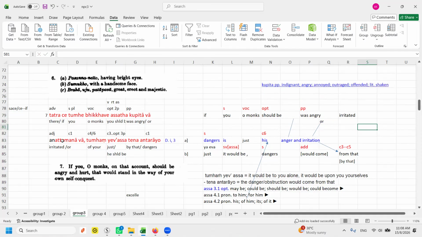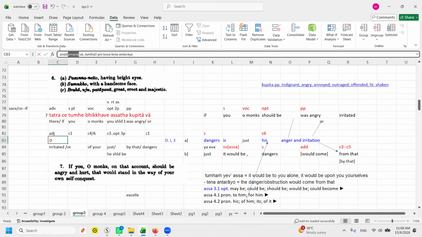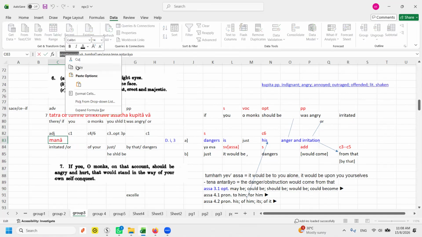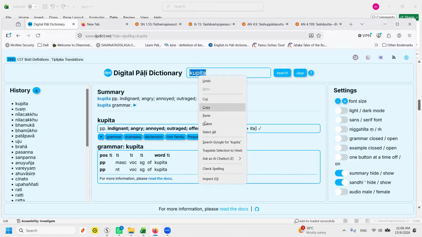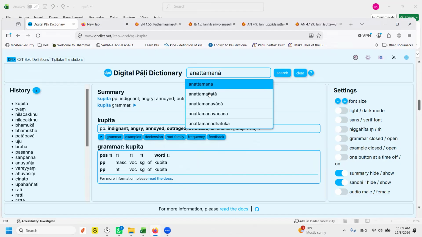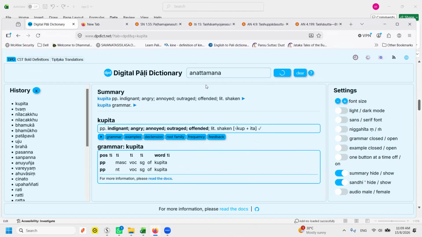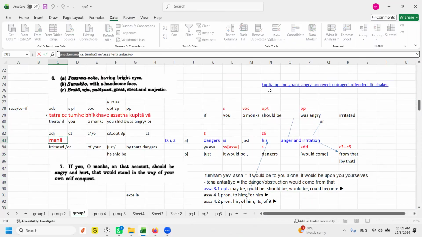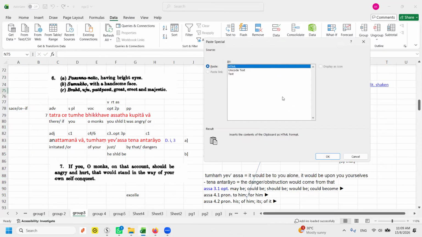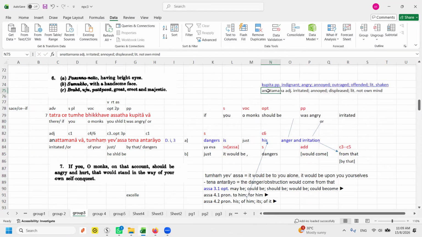Let's say you don't know the word, you just type it.